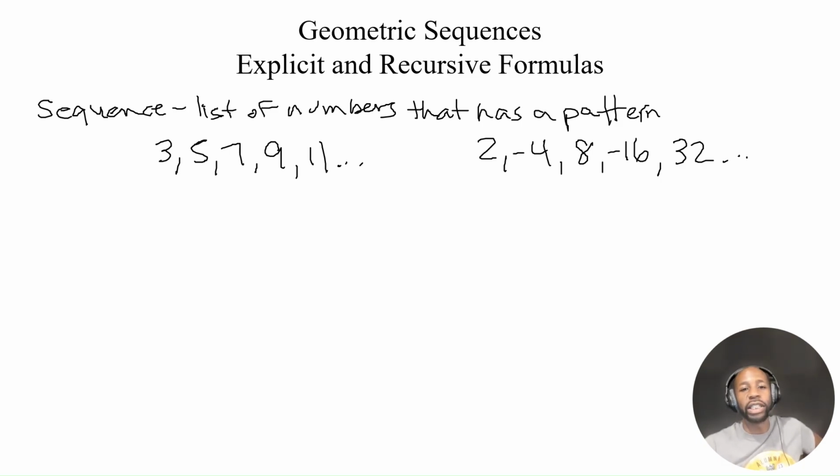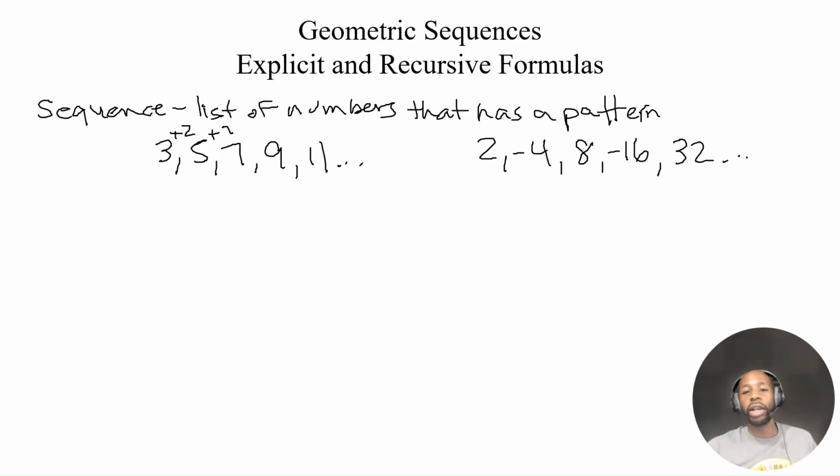However, this is a sequence because you see a pattern of adding 2 between each term. 3 plus 2 is 5, 5 plus 2 is 7, 7 plus 2 is 9, 9 plus 2 is 11, and so on and so forth. What makes it arithmetic is the fact that you're adding or subtracting between terms. And that number that you're adding, that's what you refer to as a common difference.